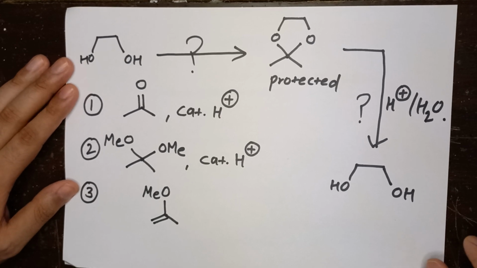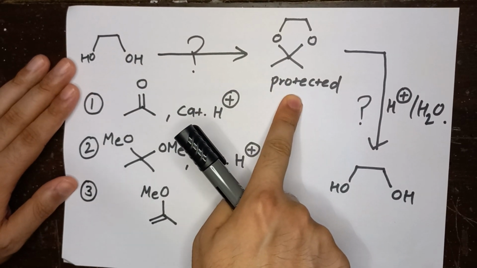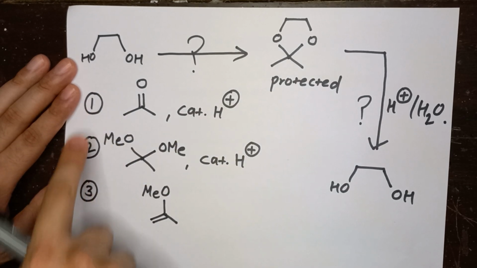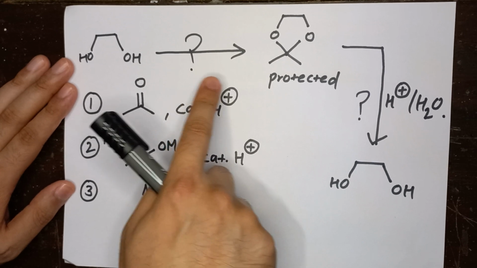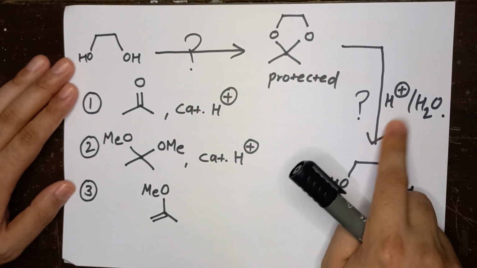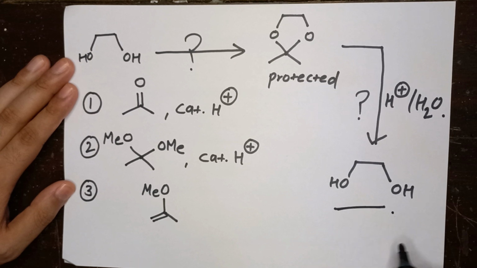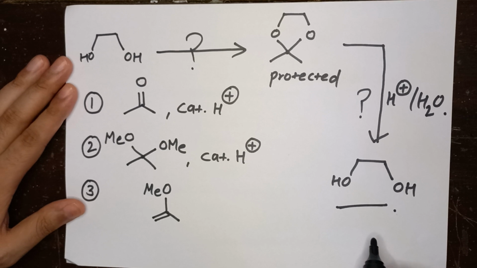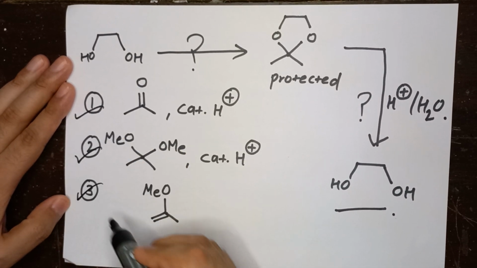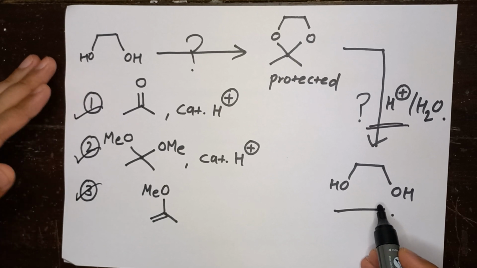Now you know that if you want to protect your diol into an acetal or ketal version, you can use any one of these available reagents. That will be the protection. And to deprotect, you have to use the strong acidic medium in the presence of water, and you will be able to get back your diol. Now let's look at the mechanism for each and every reagent. We will also see the mechanism for deprotection.